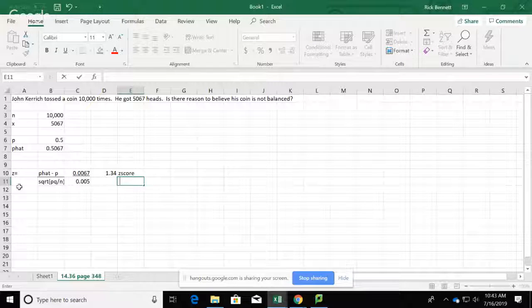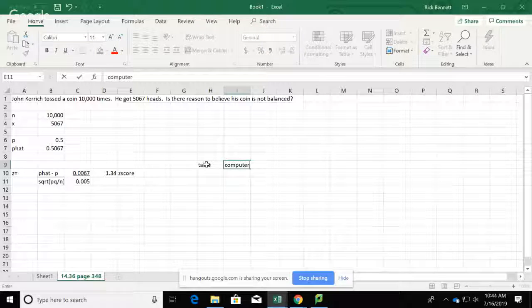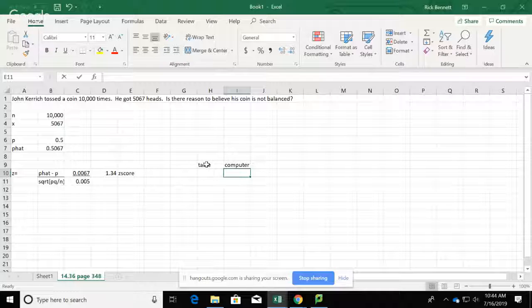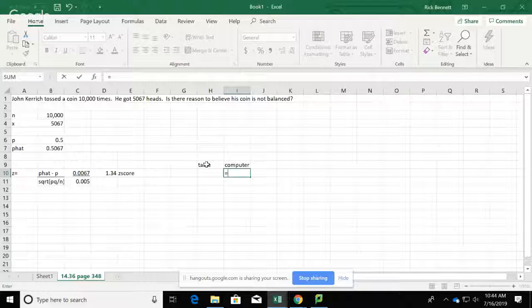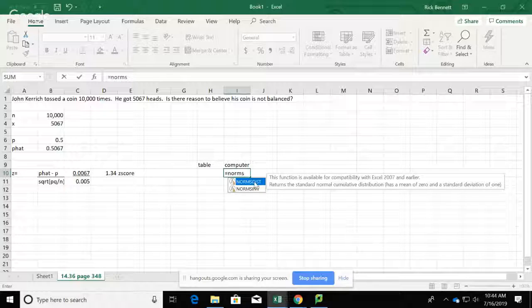Okay, so now there's two methods. I can either do the table or I can do the computer. Which one would you like to do first? Computer. How do I find that? Equals norm.s.dist, that one there.